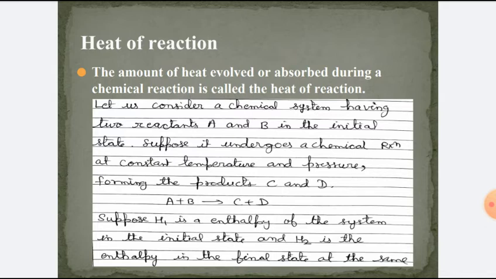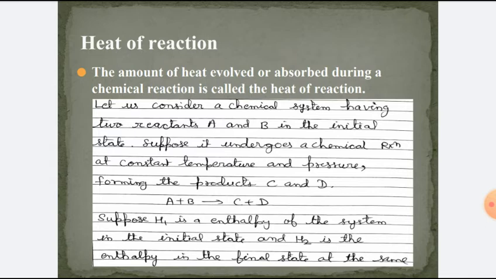The amount of heat evolved or absorbed during a chemical reaction is called the heat of reaction. In the definition of enthalpy, we have already mentioned that there is always a definite enthalpy change designated as delta H whenever a system undergoes a change of state or a chemical reaction.